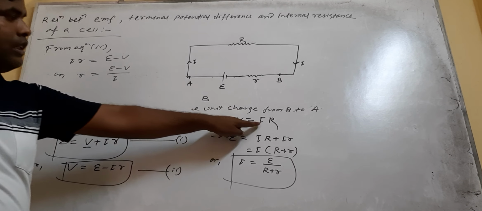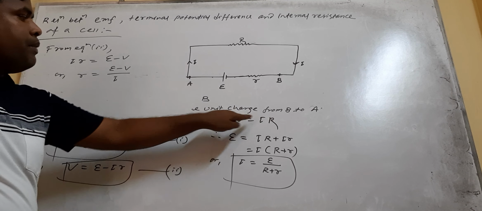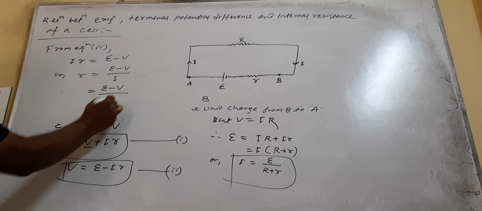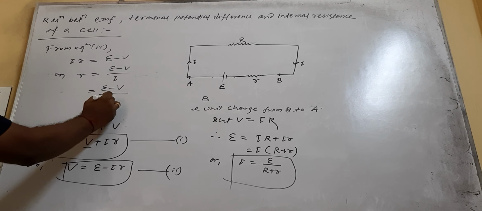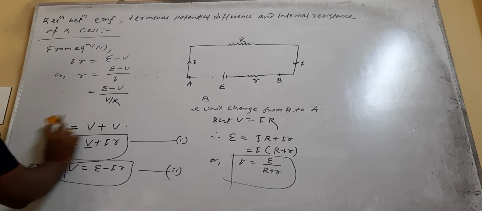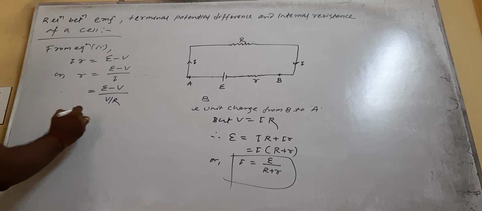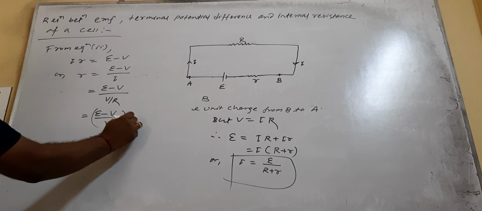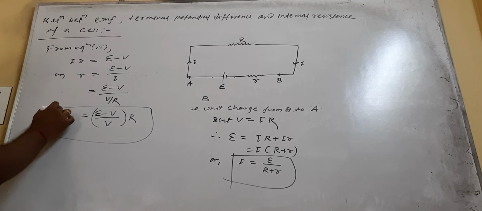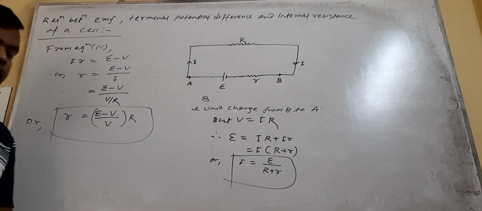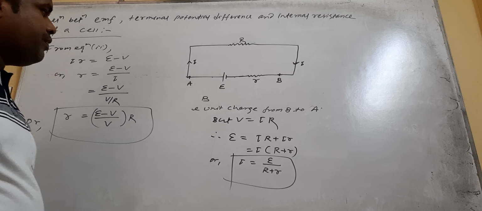And from this equation, I = V/R, so r = (E - V)/(V/R), which equals ((E - V)/V) × R. It is your expression for internal resistance.